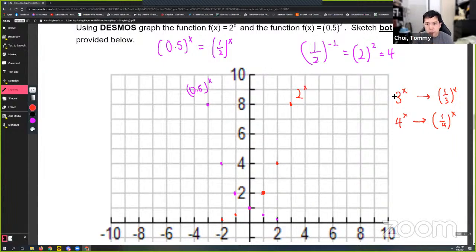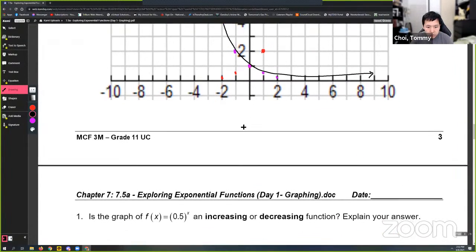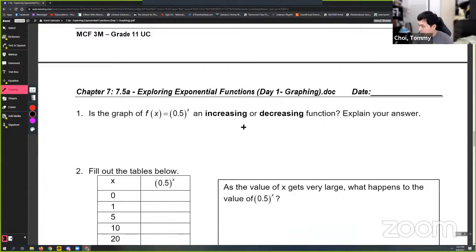So that's the connection I want you to make here, with understanding how these even connect. It's still an exponential function. It's just that we have that shape in the opposite direction like this, right? And of course, same idea, it never hits 0.